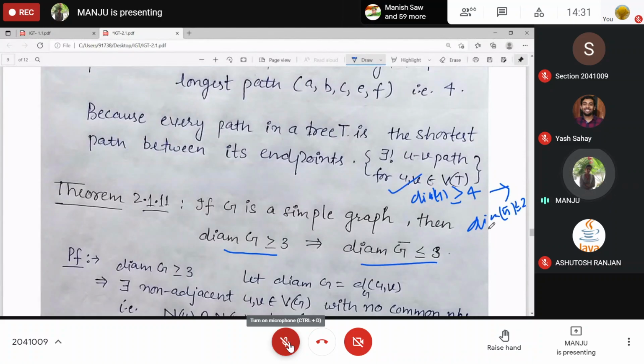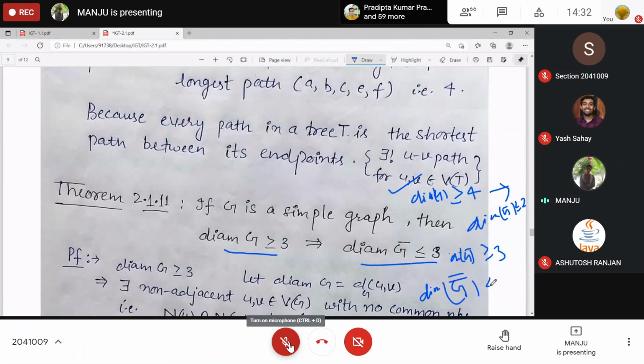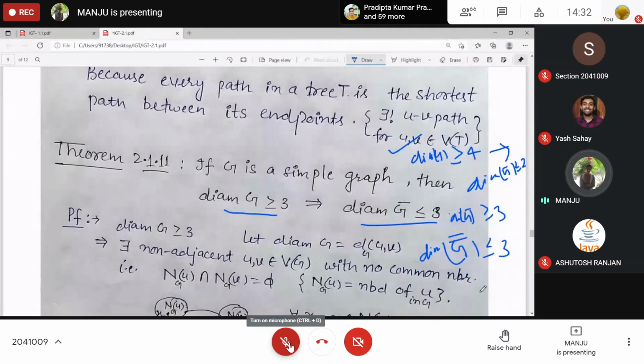We proved the contrapositive of this, or you can just say by contradiction. Suppose it is not at most 2, then it will be at least 3, right? Whenever the diameter of G complement is at least 3, then by this theorem, the complement of the complement will have diameter at most 3, and the complement of the complement is G. So the diameter of G is at most 3, but what is given is at least 4.